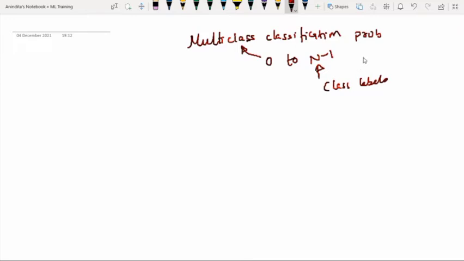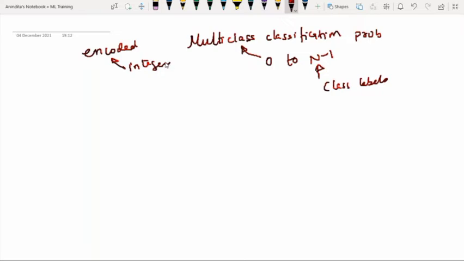Now, whenever we have class labels, in the case of Iris, we have Setosa, Versicolor and Virginica. Whenever we have categorical class labels, they must be encoded, meaning they must be converted to integers.